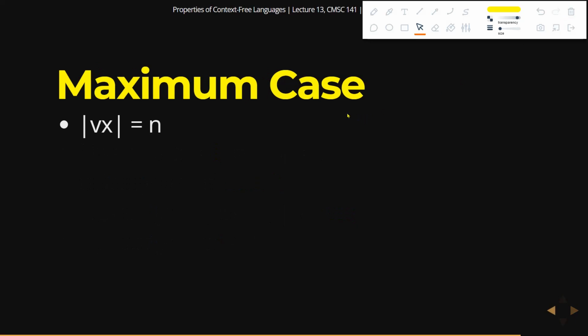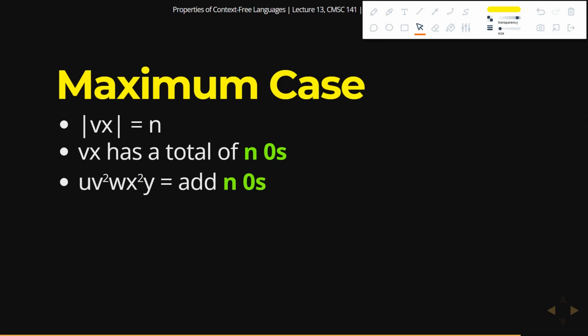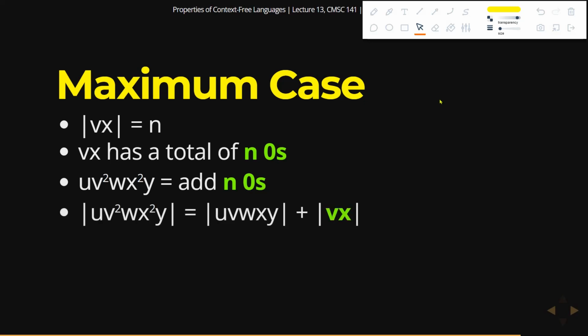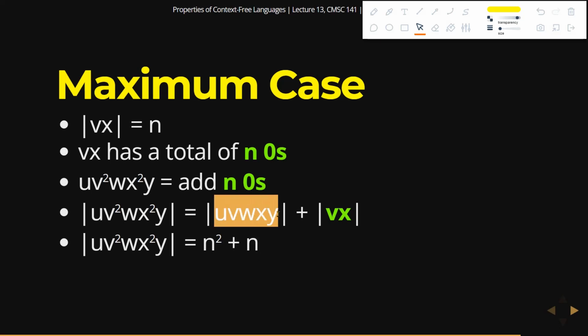Now how about in the maximum case? What if the length of vx is n? So vx has a total of n zeros, because everything is a 0 anyway. That means that you're adding n zeros when you pump up v squared x squared. So the length is n squared plus n, because the length of uvwxy is n squared, and the length of vx here is n, because you're adding n zeros, which is the maximum.